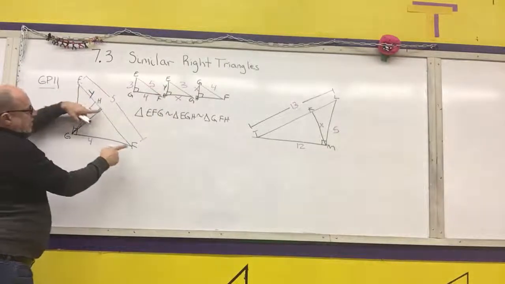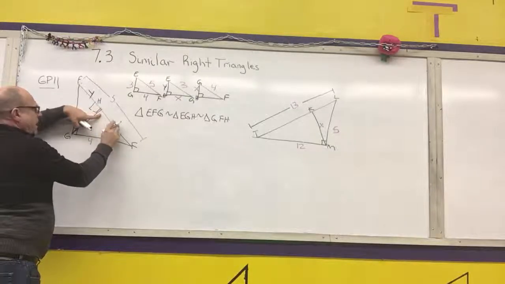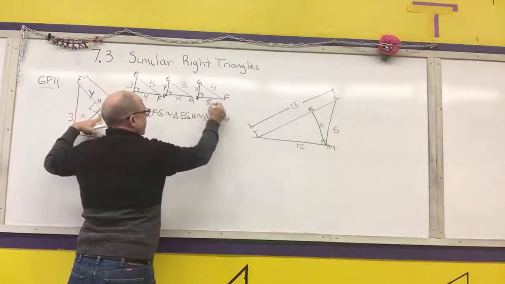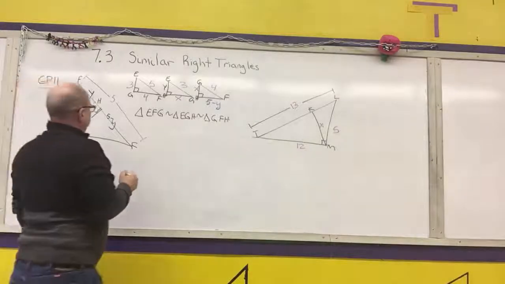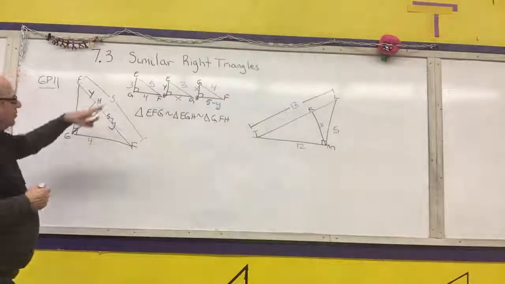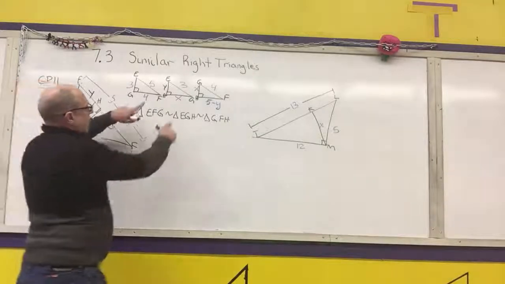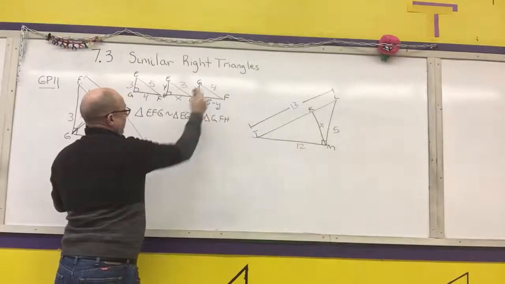I know that those two relationships hold true, and I can now have two equations with two unknowns in them. I can solve this triangle, and I can solve this triangle using the Pythagorean Theorem.